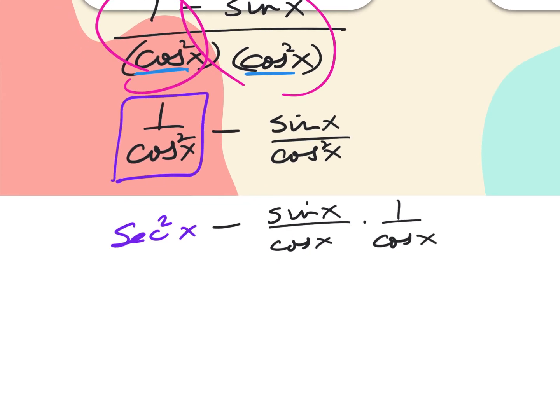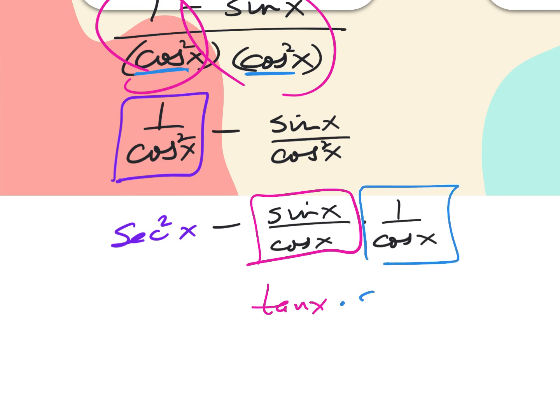And then I'm going to use a reciprocal and a quotient identity. This I can make into tangent x. This is a reciprocal. I can make it secant x.